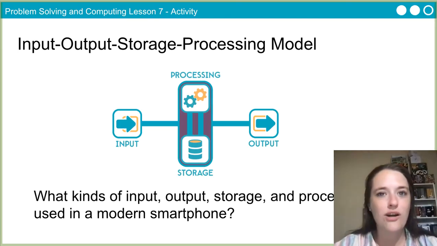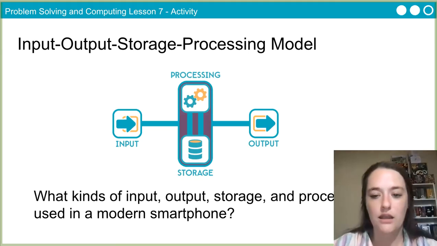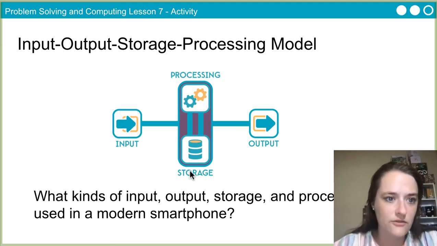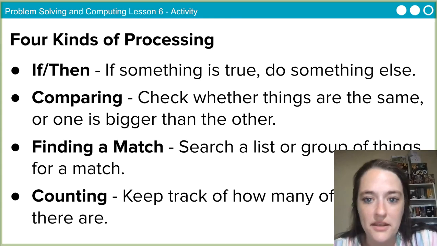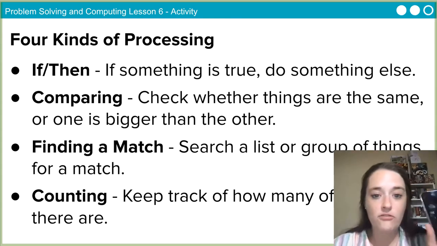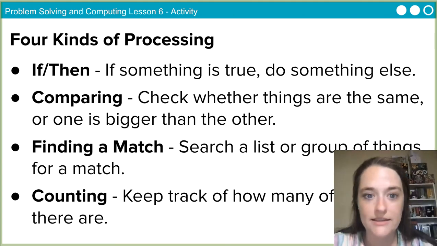What kind of processing is happening on a smartphone? A lot of, like, if you go back and look, and I'll pull it up for you, what are your options for processing? Okay, if then, a lot of that is happening. If my camera sees my face, then my phone unlocks.